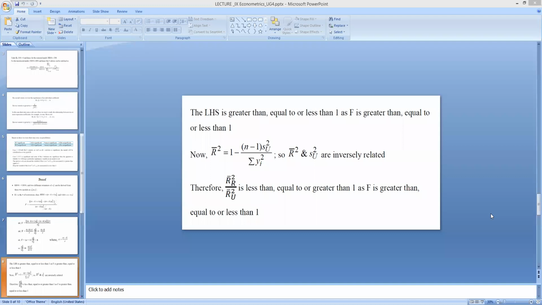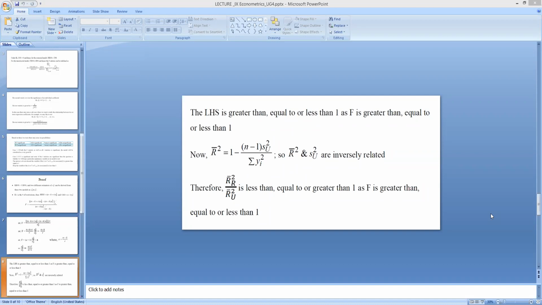That is, both the models give equivalent fit if capital F is equal to 1. The restricted and the unrestricted model give equivalent fit if F is equal to 1.